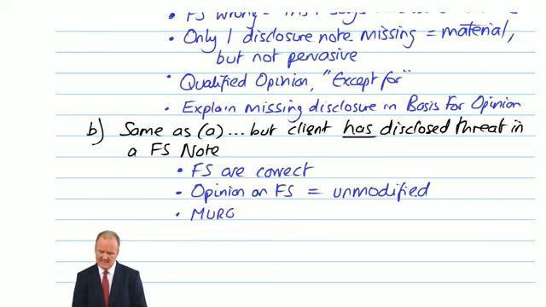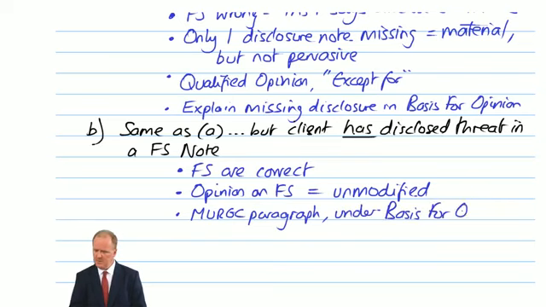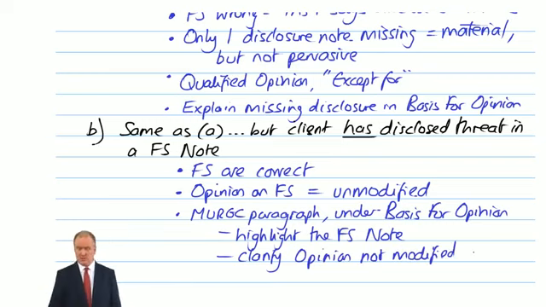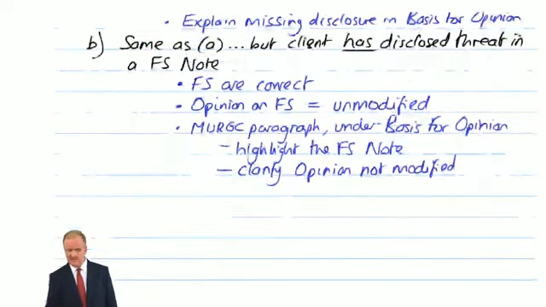I will therefore add a MURGC paragraph directly under the basis for opinion, and that paragraph will highlight the financial statement note that the shareholders should go and read, and clarify that the audit opinion is not modified as a result of this. It could be modified for other reasons, but not because of this.